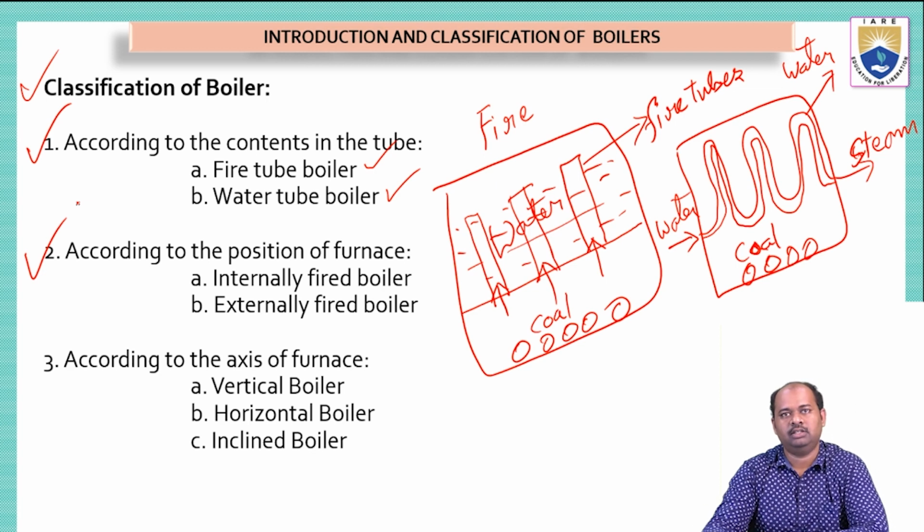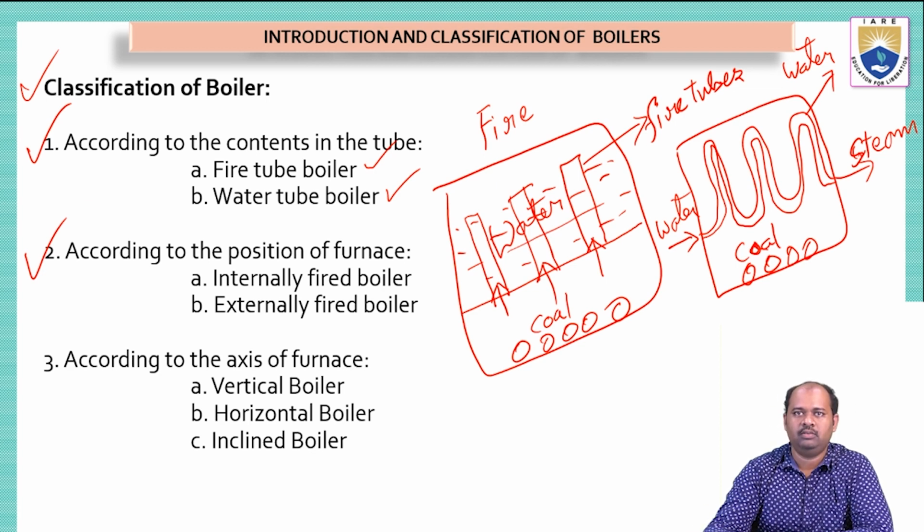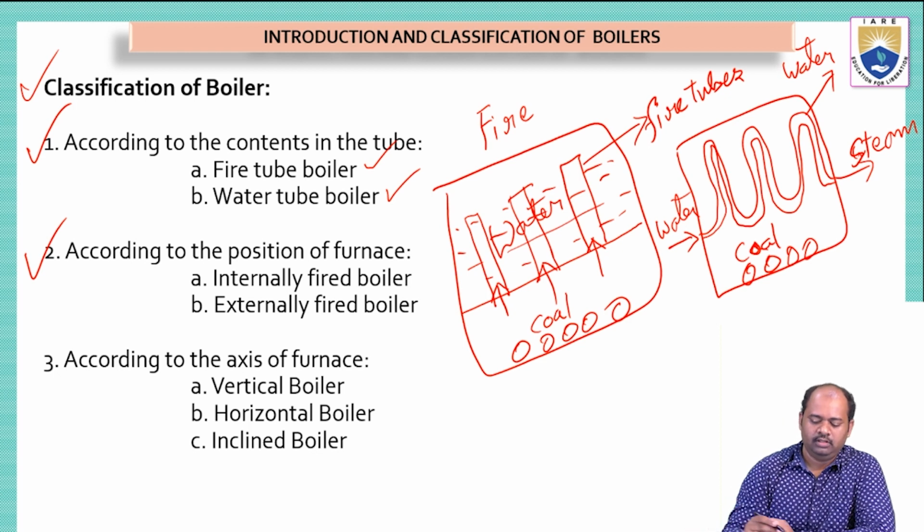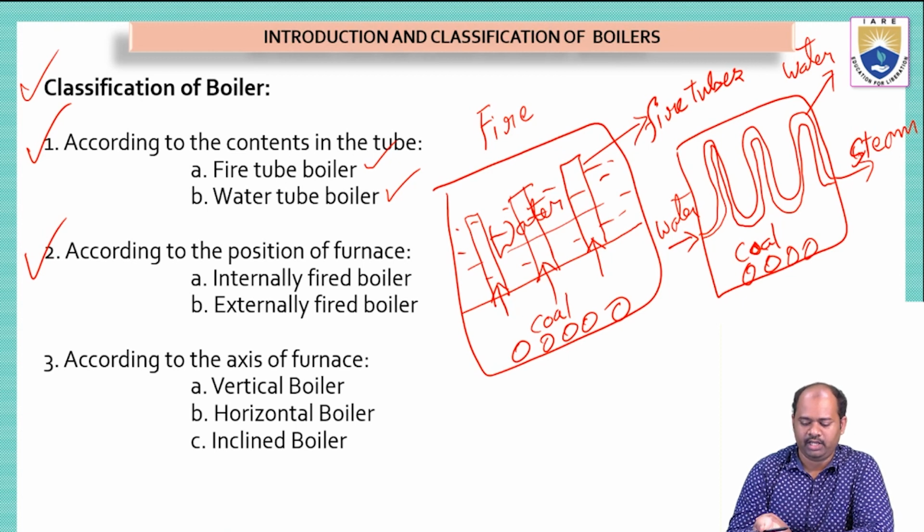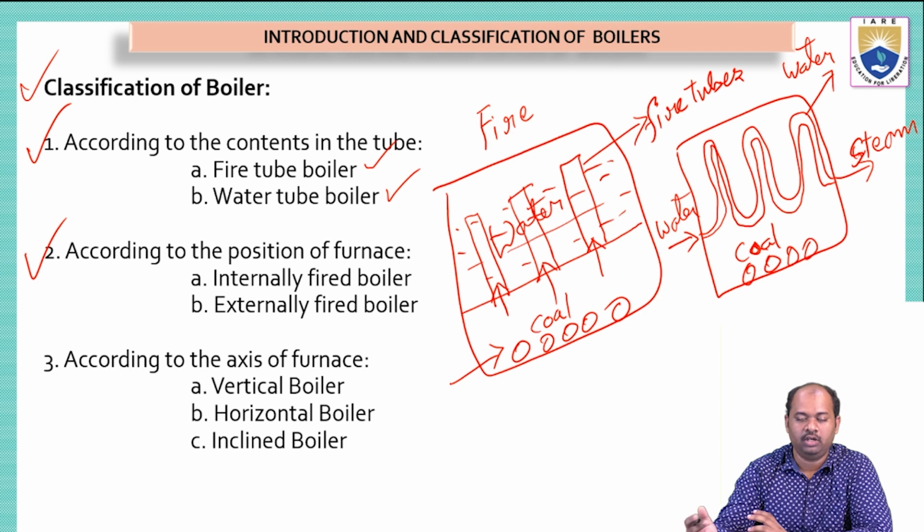Let us see the next classification, according to the position of the furnace. According to the furnace, there are two types: internally fired boiler and externally fired boiler. In this example, we have a diagram here. We can see the coal is made to burn inside a closed chamber. Then it is called an internally fired boiler.